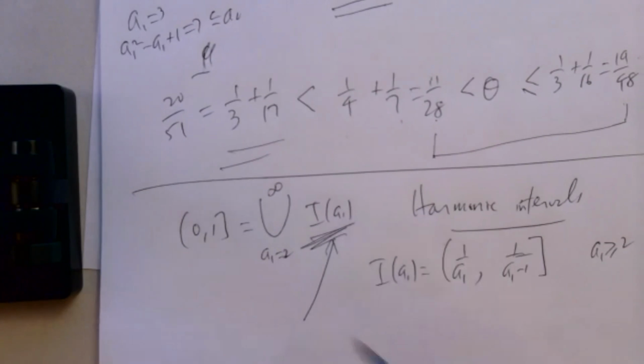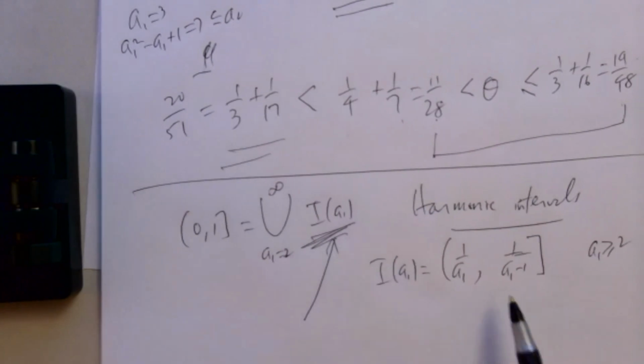And if I take a harmonic interval, in this interval, the greedy algorithm, the first number it gives you is 1 over A1. Right? Because 1 over A1 is smaller than everything in here.